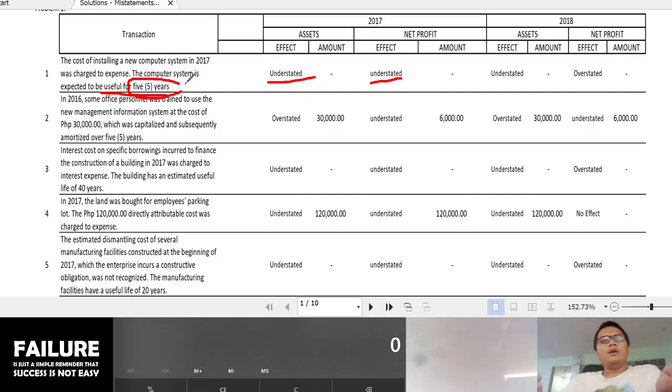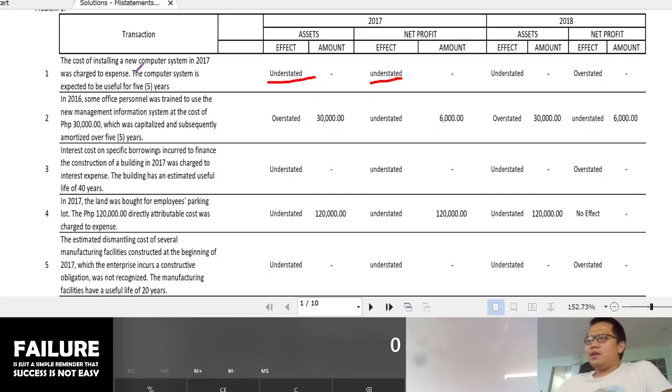So the effect is that in 2017, our net profit is understated by the amount charged fully to expense. As a consequential effect, it is also overstated because we did not recognize the depreciation resulting from the non-recognition of that particular cost as a capitalizable cost.